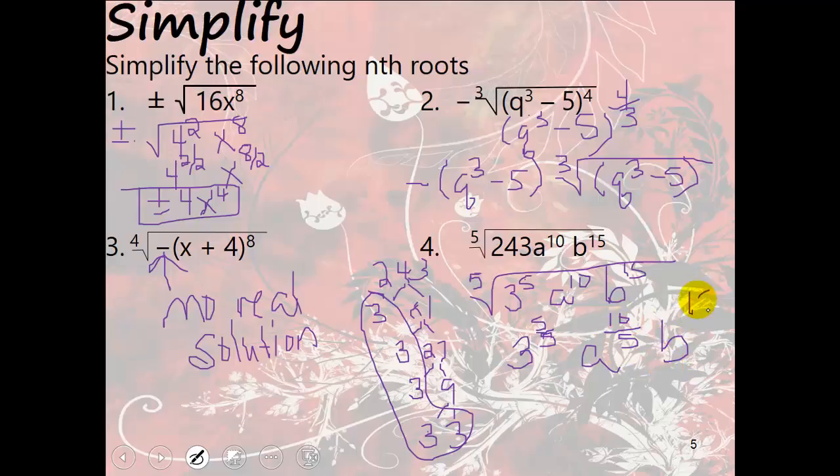B to the 15 over 5. Okay. And all of these are even divides. So this is just a 1, so I get 3 to the 1st. A squared. B cubed. And there is my simplified answer. All right, just like that.